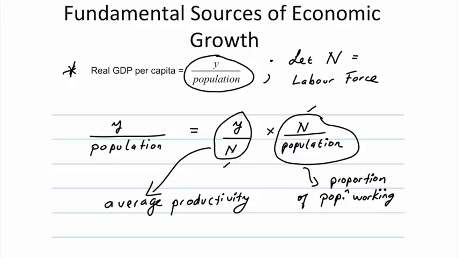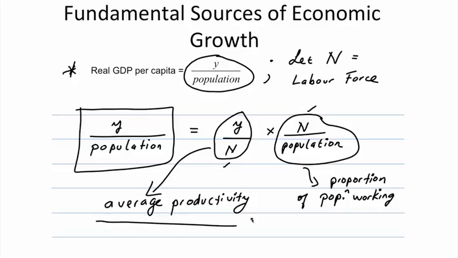And so what we're actually looking at here is something pretty profound. It's an insight that says at a very deep fundamental structural level, if you want to understand what is determining the average amount of real GDP per person, the average income per person in the economy, it's going to be as a result of the interaction of two very important economic variables.